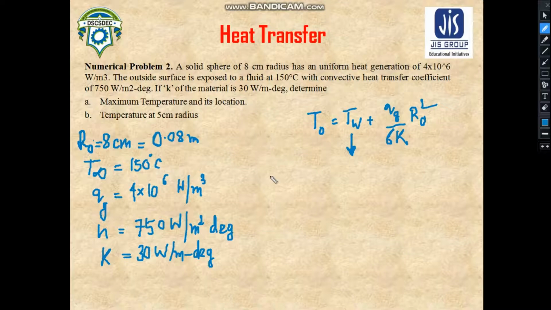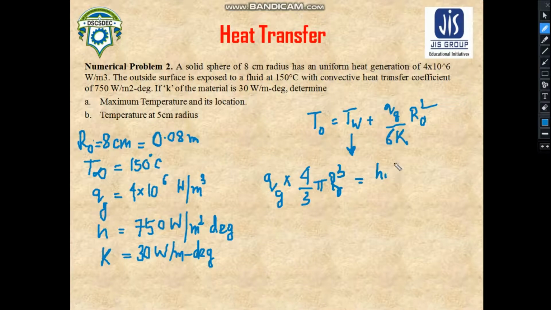So the total heat generation will be very easy to understand: volumetric heat generation, Qg, multiplied by volume. We have seen just some minutes ago that the total heat generation is found by this formula, which can be written as Qg into 4/3 pi R0 cube, and this heat is being transferred via convection.